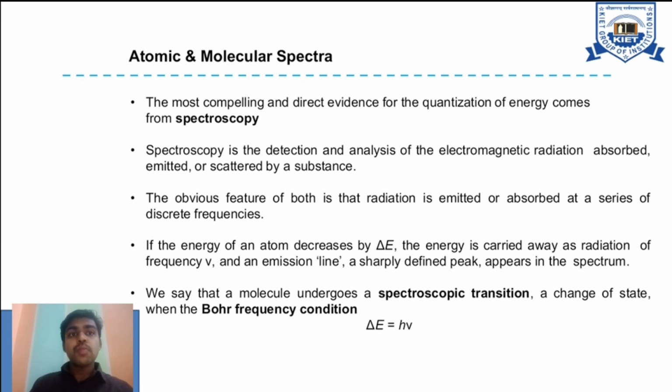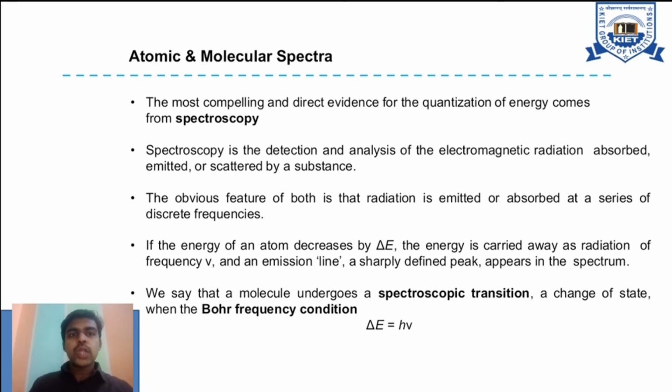Look at the first point, the most compelling and direct evidence for the quantization of energy comes from spectroscopy. An obvious feature is that radiation is emitted or absorbed at discrete frequencies, also to be noted.